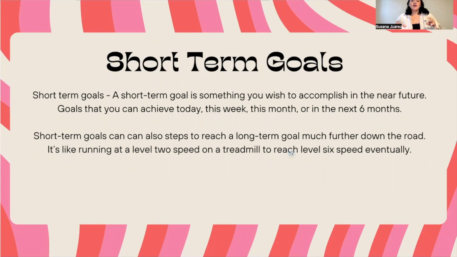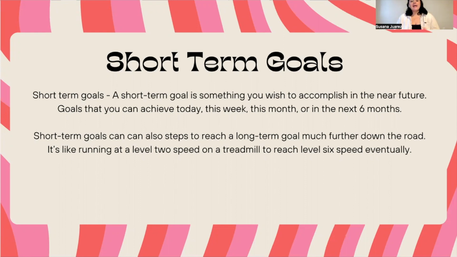A short-term goal is something that you wish to accomplish and just to be able to get done in the near future. Goals that you could achieve maybe today or this week, this month, or in the next 6 months. And short-term goals can also lead to long-term goals. I really like this example because it was a fitness goal.